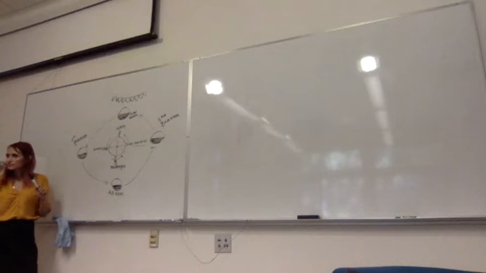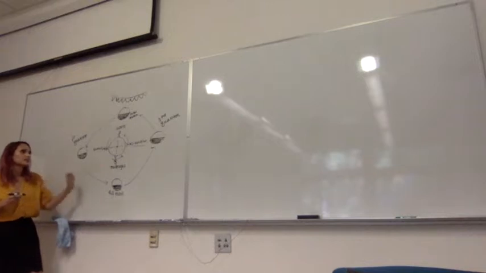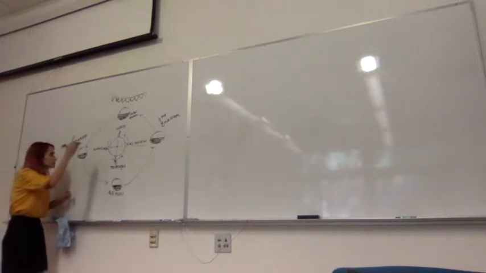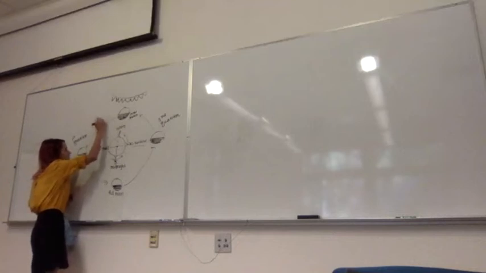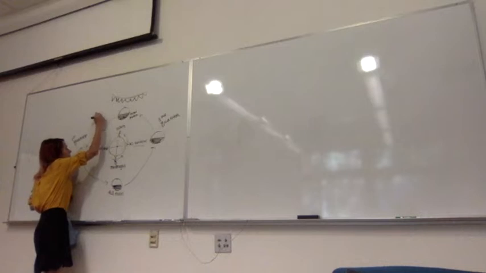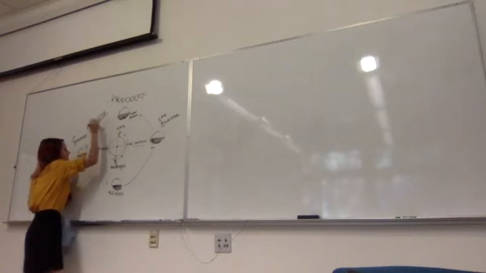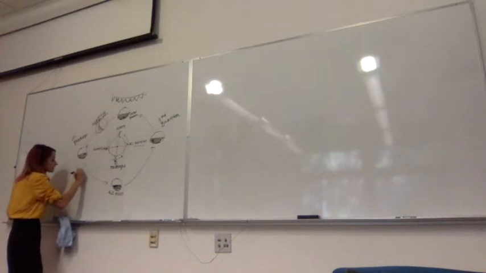Are we expected to know the other crescents that the moon's in? I think it would just be confined to these four. Gotcha. So the other ones would be, you've got your crescent here, this is your waxing crescent, this is your waxing gibbous.